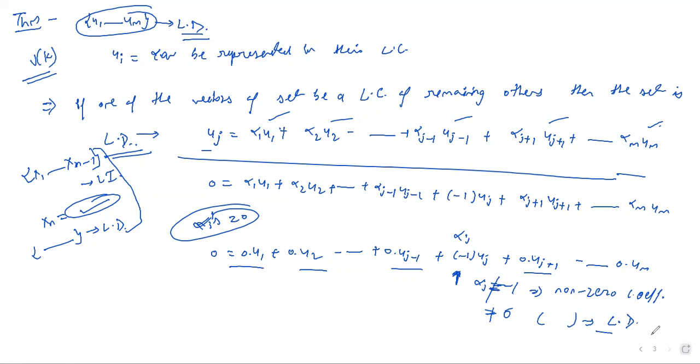Now, if from this set of vectors u1 to um there is a vector, let's say ui, any vector from this set, which is 0, then this set of vectors must be linearly dependent. How? Let's see.